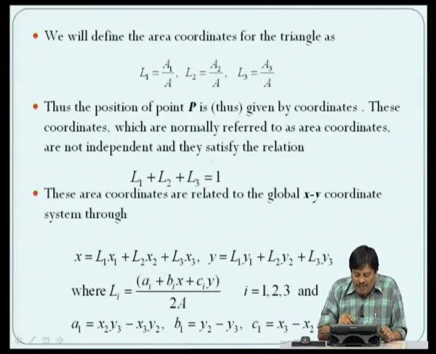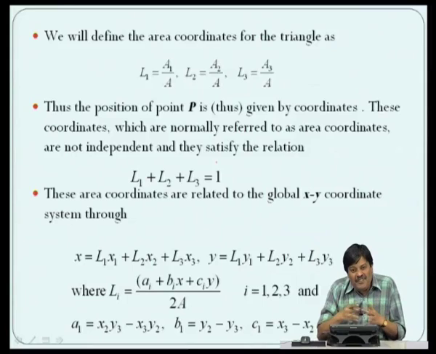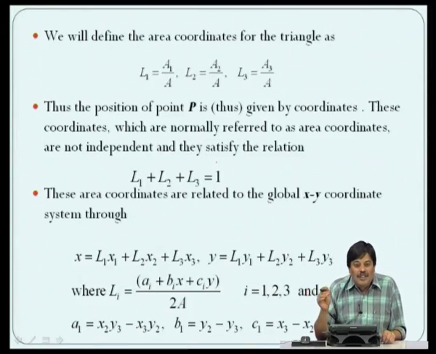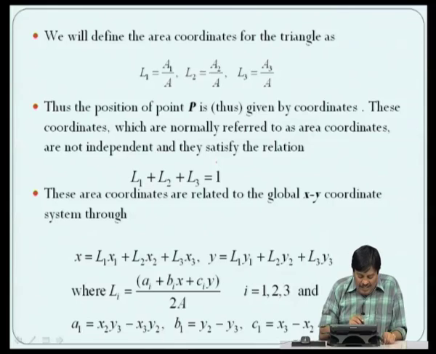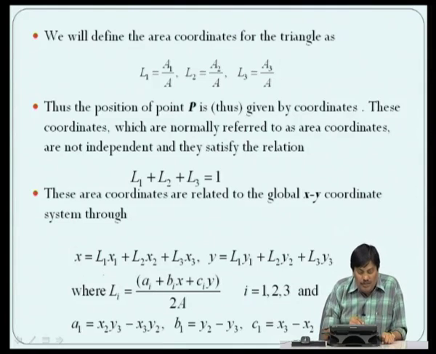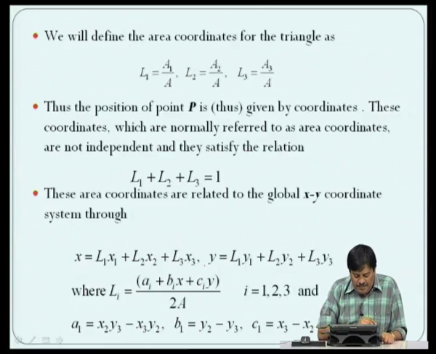It is similar to our shape functions, where the sum of shape functions satisfies the equation N1 plus N2 plus N3 equal to 1, and the coordinate x can also be related. I am not going into the derivations of this. Through the relation x equal to L1 x1 plus L2 x2 plus L3 x3, these L's are derived.